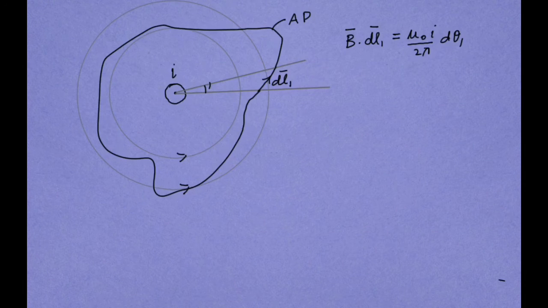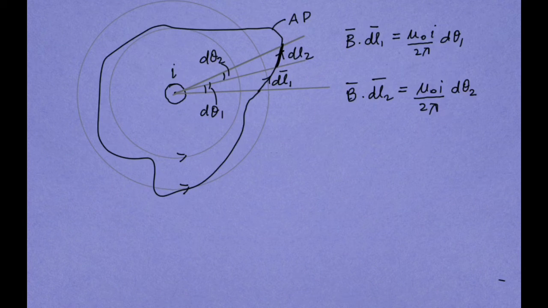This we just saw that B dot dl1 will be equal to this much. So if we have another dl2, so B dot dl for this dl2 element will similarly be mu naught I over 2 pi into d theta 2, where d theta 2 is the angle which dl2 is subtending on this wire, and so on.